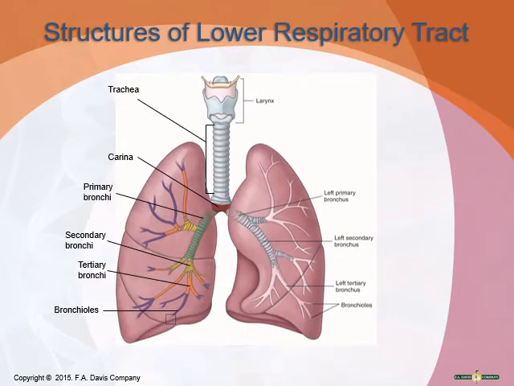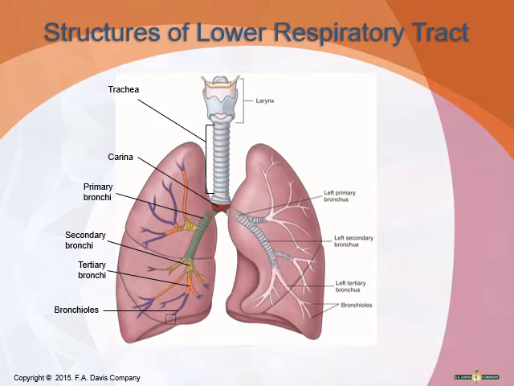Now let's talk about the structures of the lower respiratory tract, starting with the trachea. It actually lies in front of, or anterior to, the esophagus, which is where your food goes. The trachea is a rigid tube, about 4.5 inches long and about 1 inch wide.